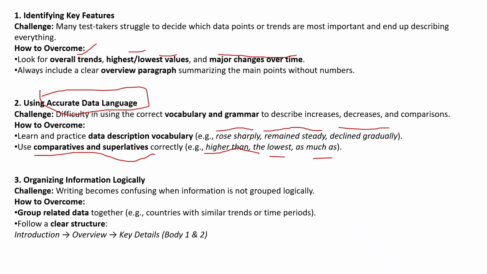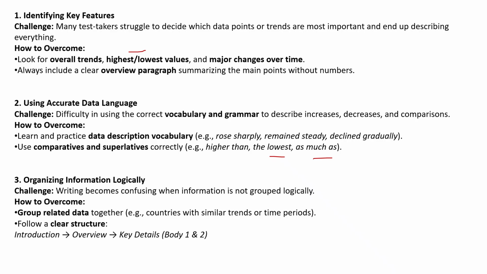Now, organizing the information logically requires you to understand it and then group them together, and link them using the right linkers, as we observed in the last case, in body paragraph 1 and 2, wherein appropriate linkers were used. Okay, so these are the key challenges, and this is how you're going to overcome them.